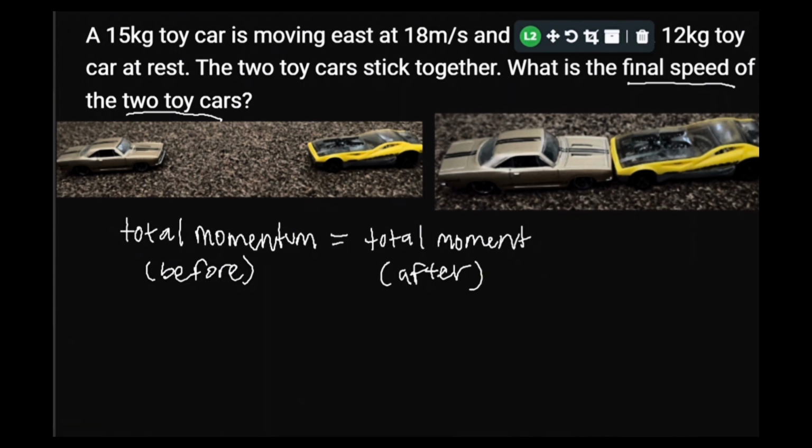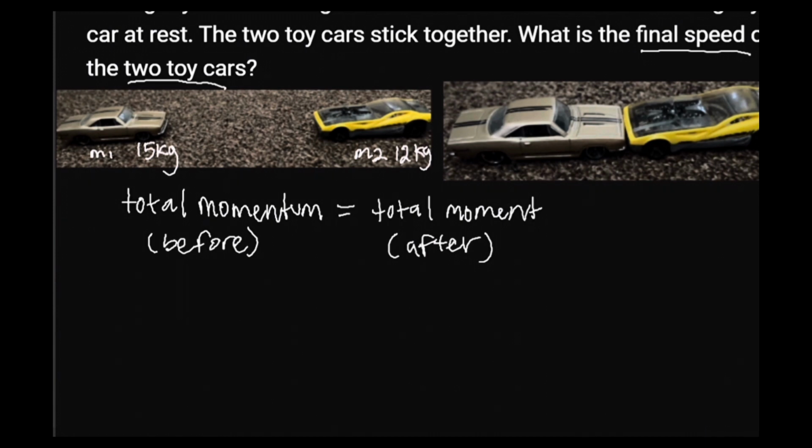So let's make this our mass 1, then our mass 2. We'll say this one is the 15 kilogram car, while this one is the 12 kilogram car. This is what we would call an inelastic collision, because based off of the definition, inelastic collisions stick together and become one, just like in this picture.